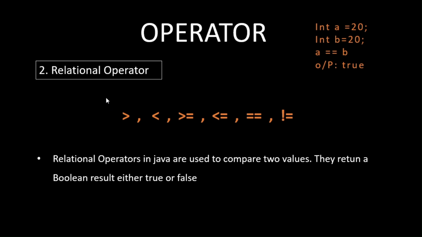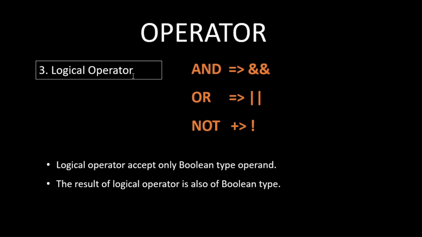So the relational operator is used when we have a condition. To check that condition, we use the relational operator. Relational operators in Java are used to compare two values. They return a Boolean result, either true or false. So the next operators are the logical operators.